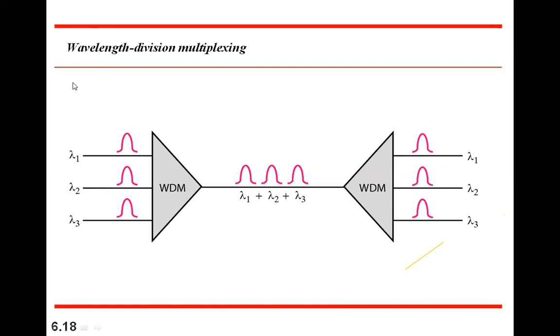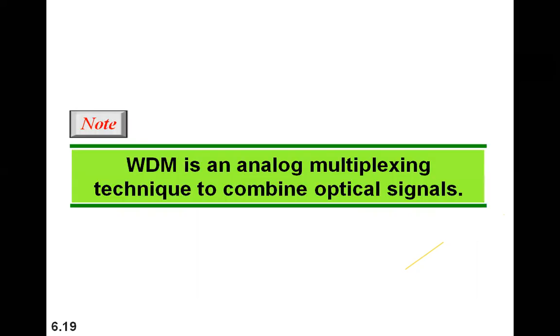That's why we call it wavelength. Instead of calling them frequencies, we call them wavelengths, and different wavelength signals can be multiplexed and sent. The process is the same, but the devices we use are different.